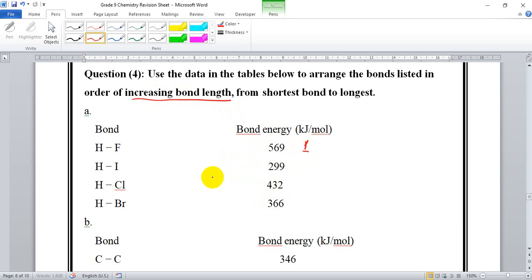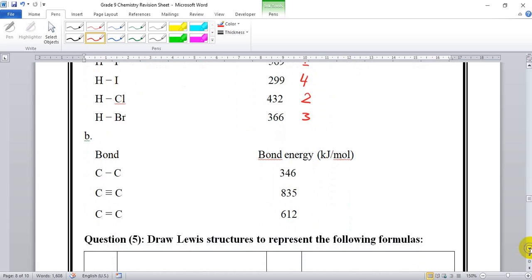The second one is 432, so this is the second one in bond length. 366 is number 3, and the last one is 299, number 4. So the shortest bond length first, then the second, the third one, and the fourth one. B.